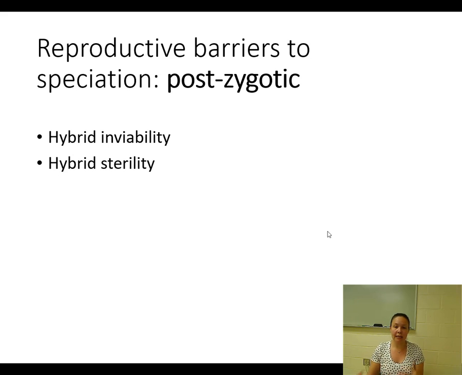That offspring is either inviable, so they're weak, they're feeble, and they die early on, or that offspring is sterile. That is the case of a mule, for example. When you take a horse and a donkey, usually they're sterile. And so that tells you that you can't really create a new species, because then you don't have any organism to breed with them.